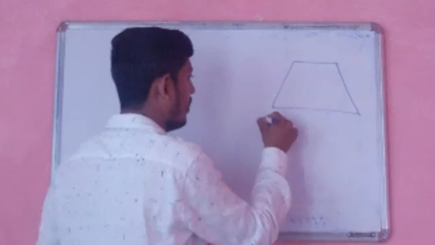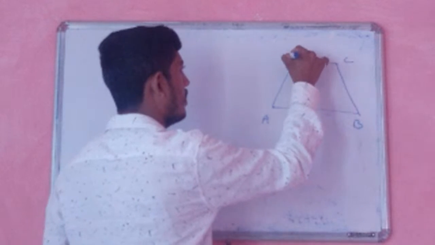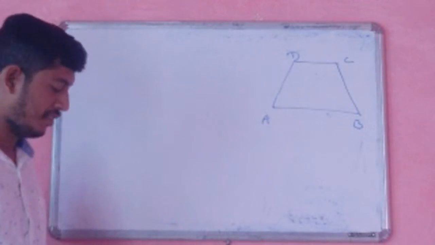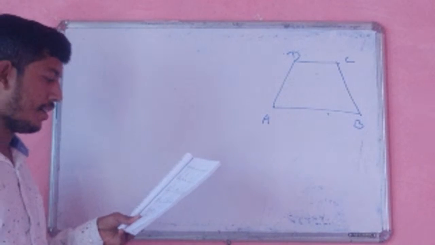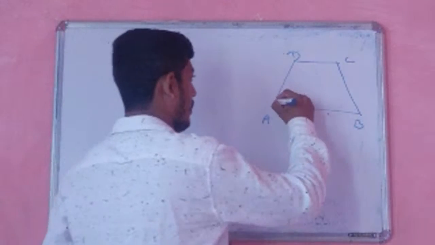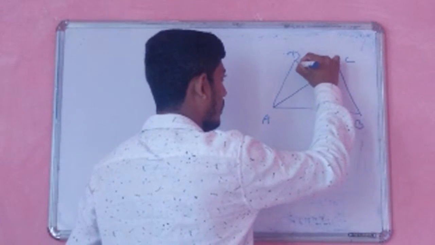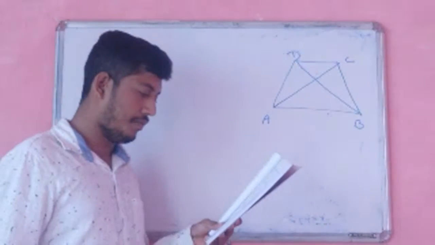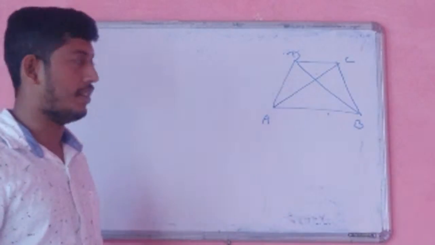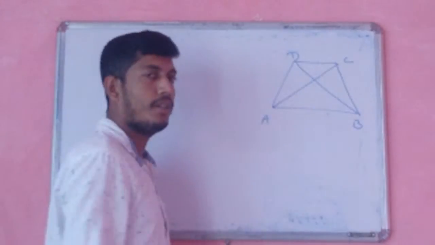So I consider A, B, C, D. In this it is given that diagonals AC and BD of a trapezium with AB parallel to DC.